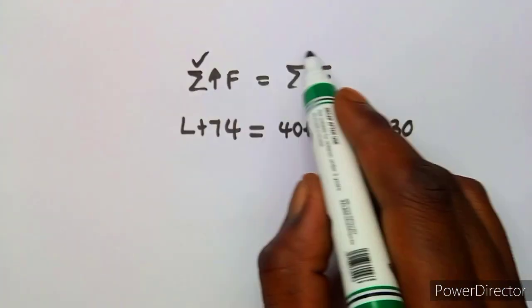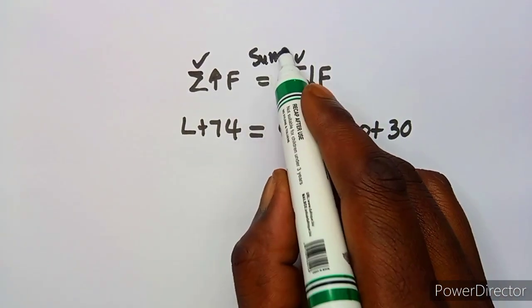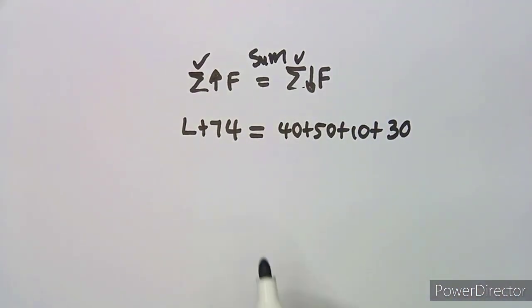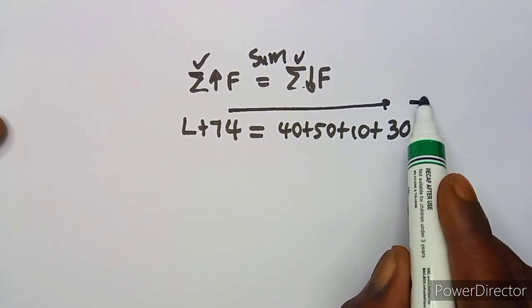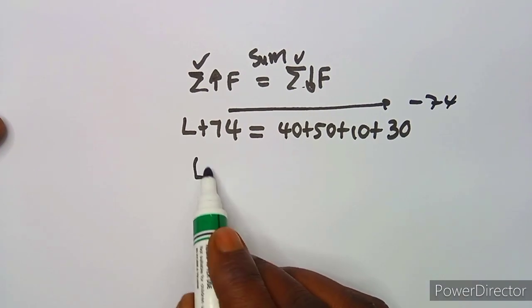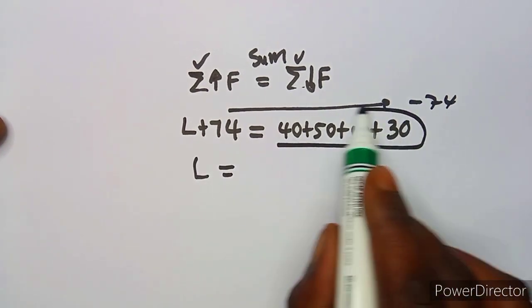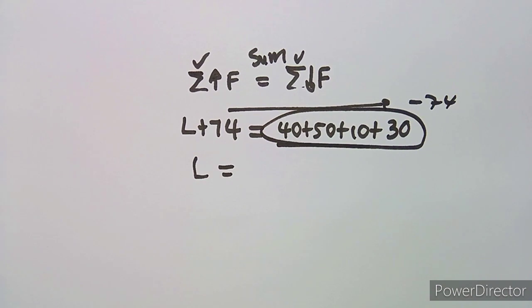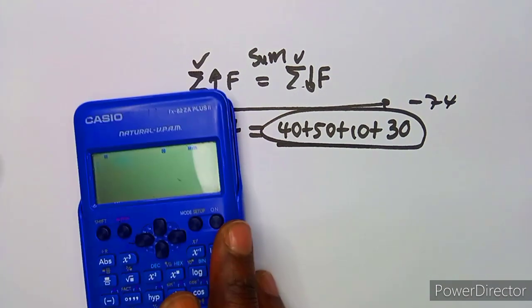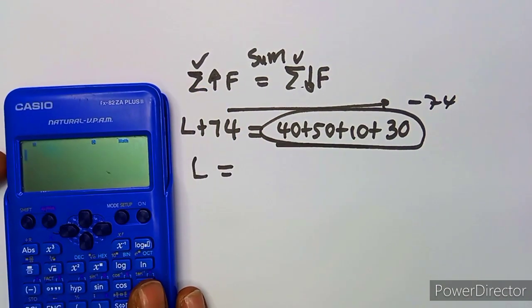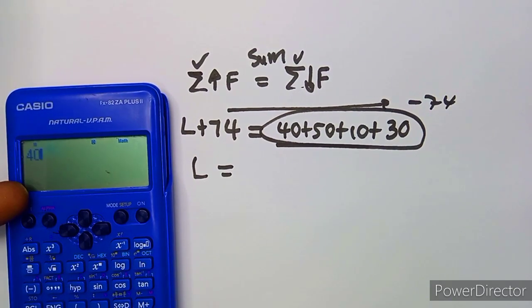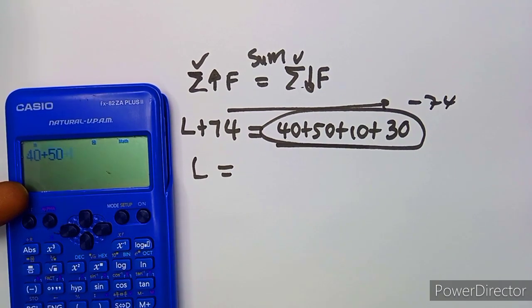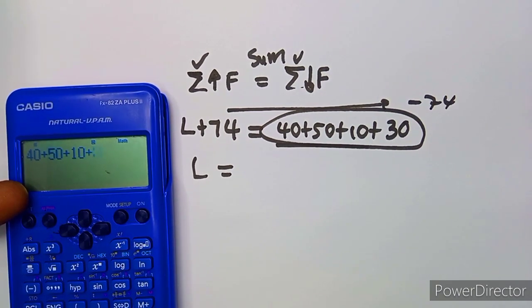So this is just summation. Summation means sum, you are adding. Just transpose 74 to the other side, which means it's going to be minus 74. So L is, you add these together, then you subtract 74: 40 plus 50 plus 10 plus 30, then subtract 74.